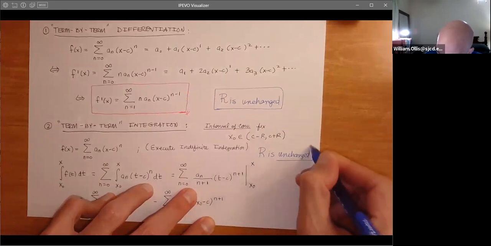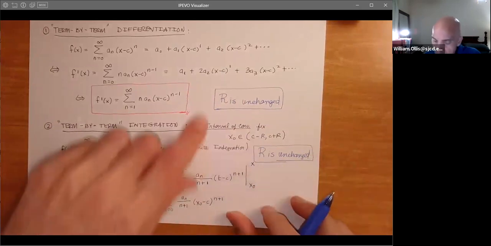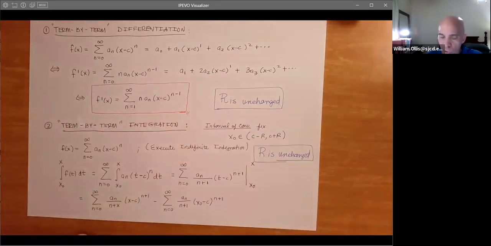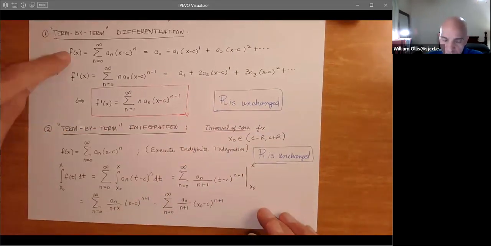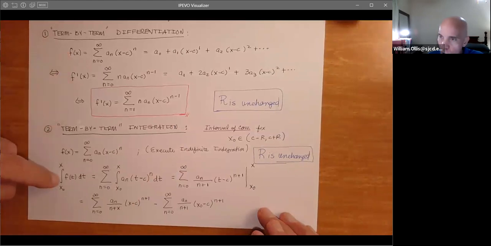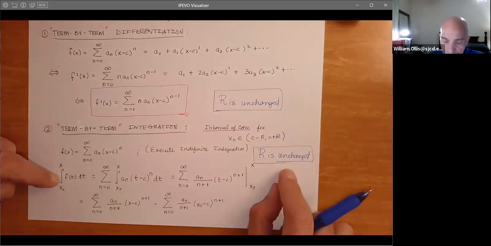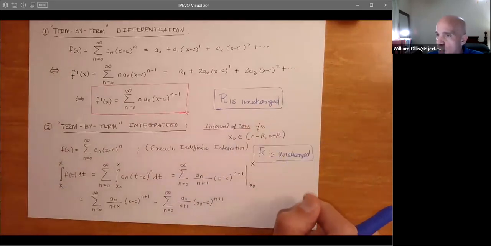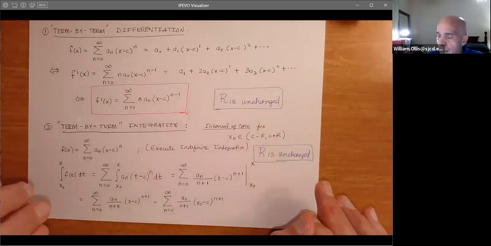So you're thinking, if we apply the integral here or the derivative, we have the same radius of convergence as the original series f. So the integral of f has the same r. The derivative of f has the same r. You can apply the ratio test. It's very simple to apply that.